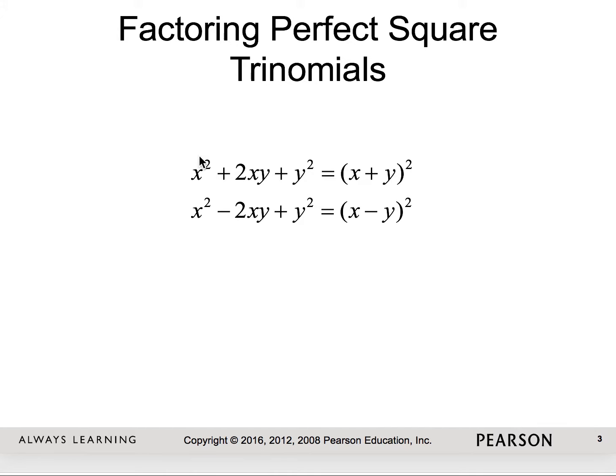If your first term, and it doesn't have to be just an x, I could have an x squared, z squared, but if everything over here is squared and everything over here is squared, then I look and see, is that middle term 2 times their square roots? This has to be a plus, but it factors like this. These signs coordinate. So let's try it.